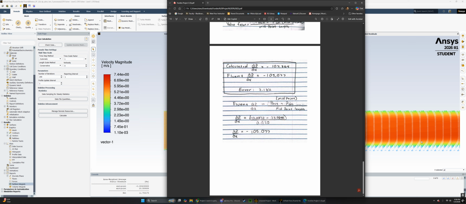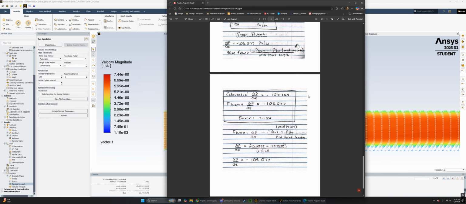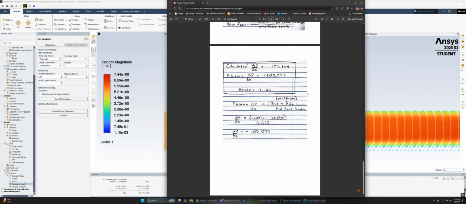At that point, I don't think the flow is quite fully developed, so I think that's why there's a little bit of error there, because technically it should be fully developed in order for the gradient to be exact, because I think this calculated thing is kind of assuming an infinitely long pipe.